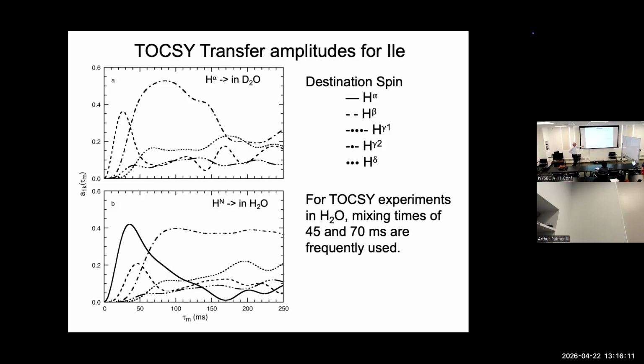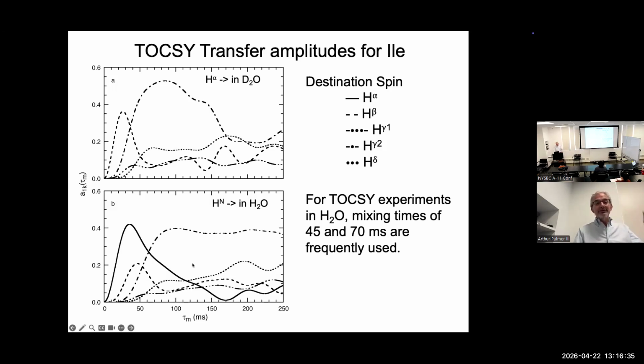So you can kind of see here, right, the first thing that happens, magnetization starts to transfer to the alpha. And then as you build up magnetization on the alpha, it starts to transfer from the alpha to the beta, and then from the beta to the gammas, and eventually out through the spin system.